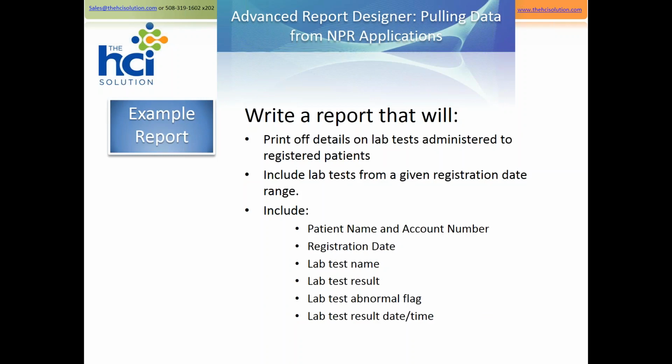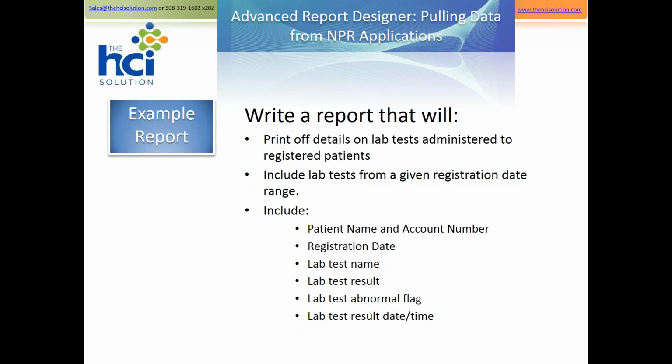So to demonstrate how you write a Report Designer report that will pull in data from an NPR application, we have this scenario where we're being asked to write a report that will list patients that were registered in a certain date range. On the report we also want to see what lab tests were administered to those patients and what the results were.